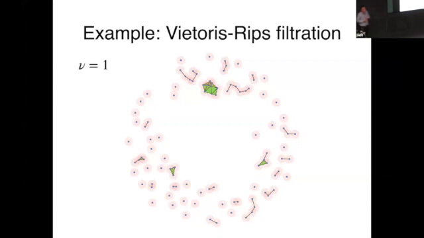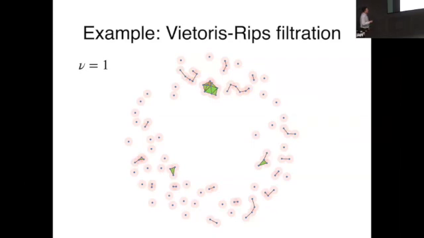Fatten is perhaps not a politically correct word. We supersize the points to spheres with some radius. And the radius of the spheres will be our filtration parameter. We connect two vertices by an edge if the spheres overlap, and we include the triangles if all the edges are present. So this is our simplicial complex.